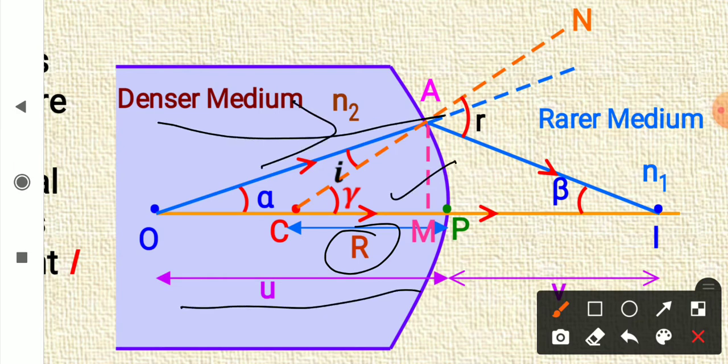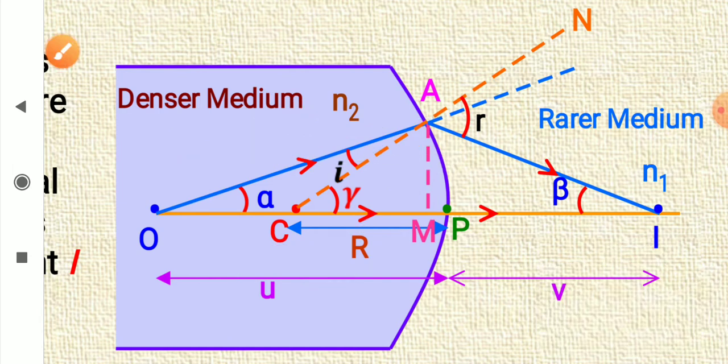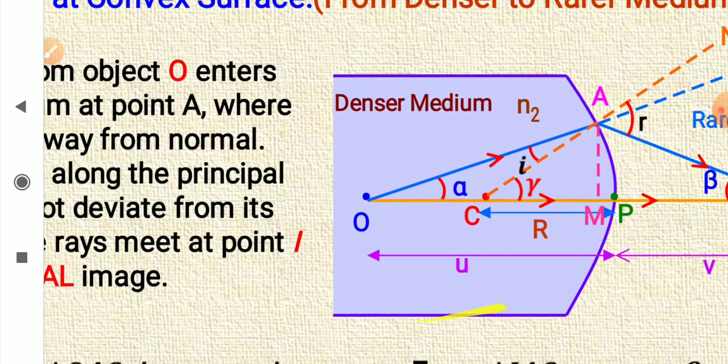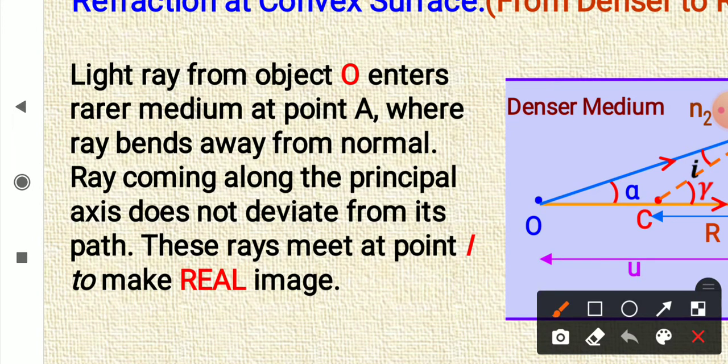The object distance is opposite to the incident ray, so this is also negative, but the image distance is along the direction of the incident ray, so it is positive. So considering all these assumptions, the Cartesian sign conventions and Snell's law, we can find the relation for it. Let us look at its working now.